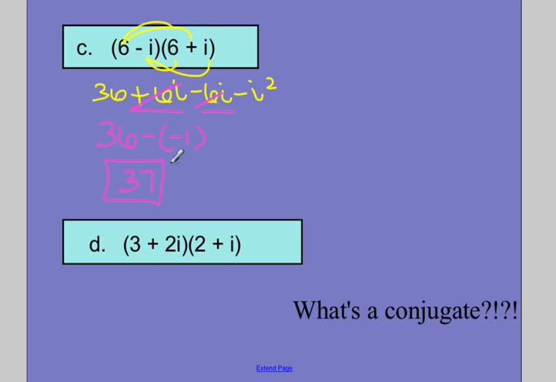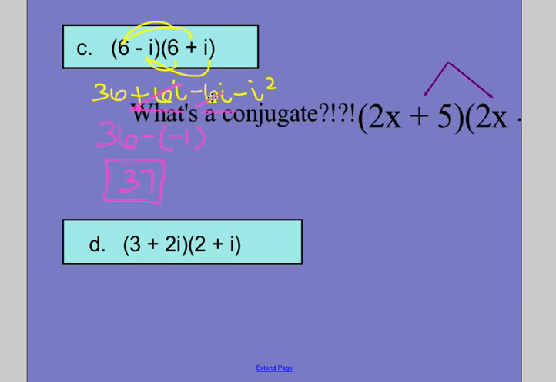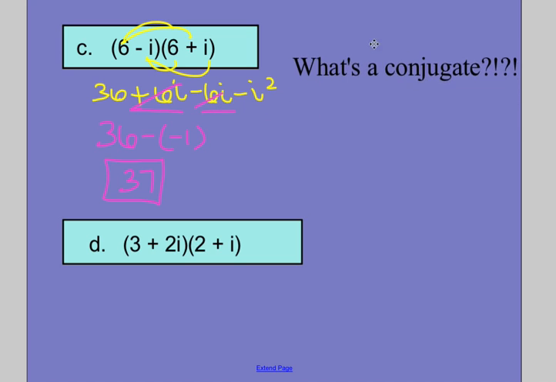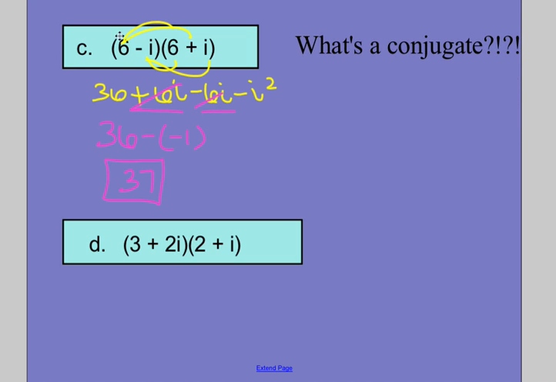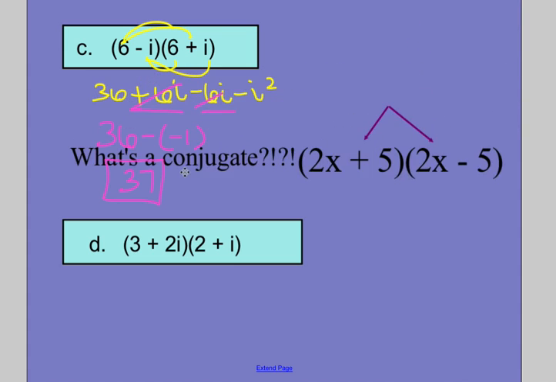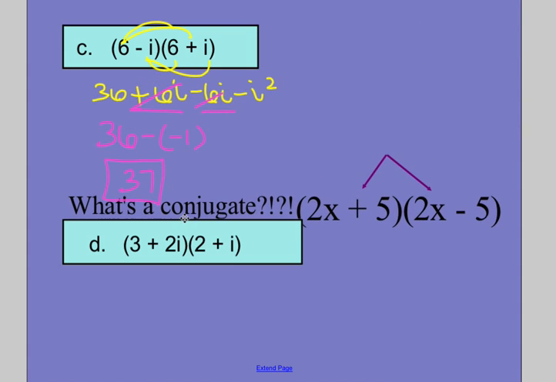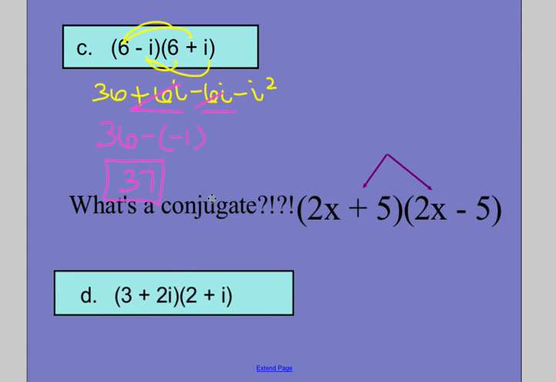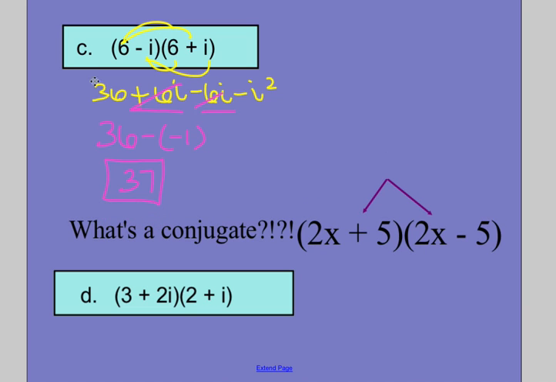One thing I want to point out to you is that example C is what we call a conjugate. What is a conjugate? Well, this is an example of a conjugate right here. Notice it's the exact same thing, but one has a minus, one has a plus. Here is another example of a conjugate. Conjugates are nice because sometimes you need to get rid of the imaginary part.